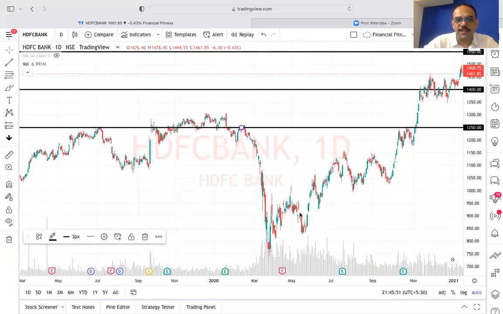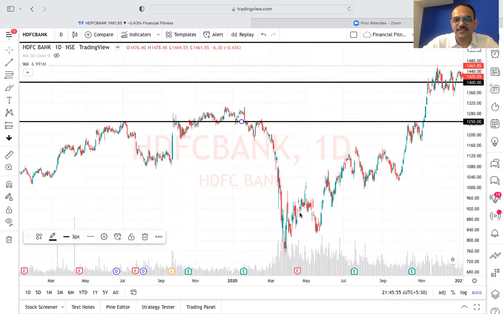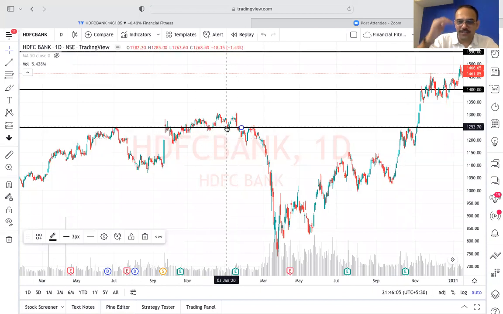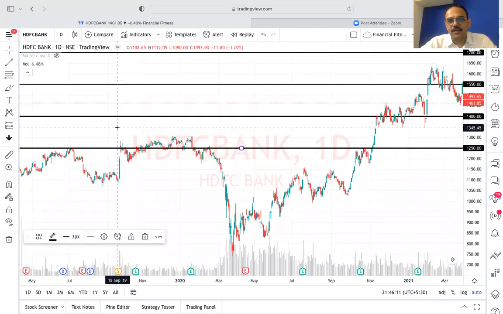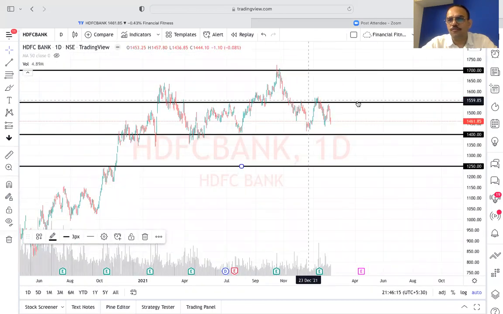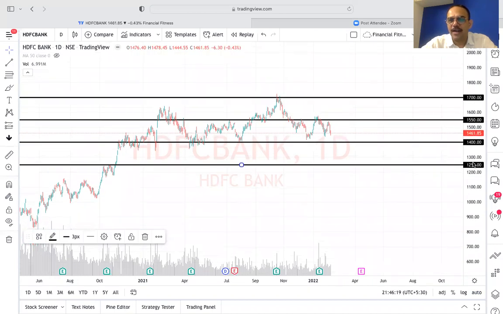Do you see something here? Do you see that it faced a resistance here? Do you see it faced some support here? It tried to sustain there. It is a resistance, so it crossed. Now tell me, even if you don't know how far it will go, you have 1700, add 150. It has still not gone there.